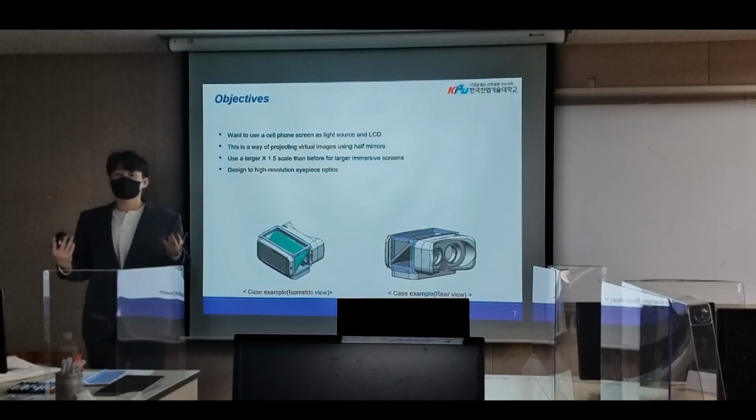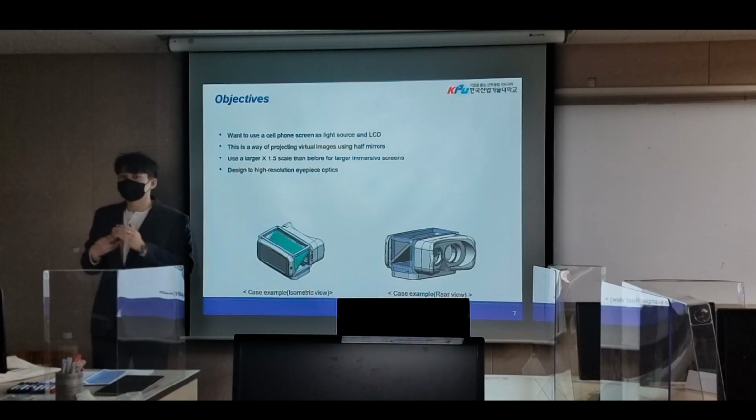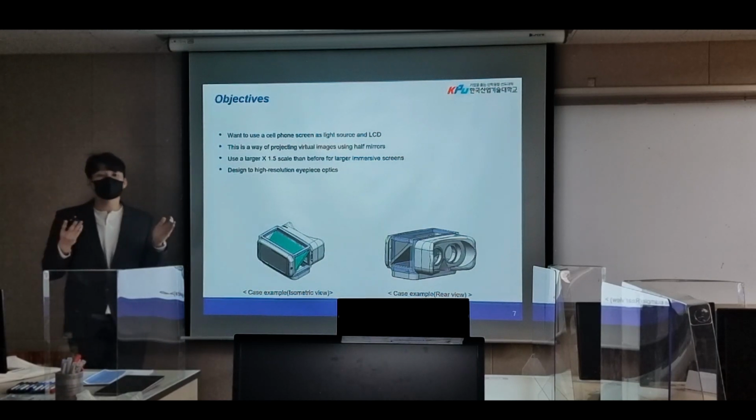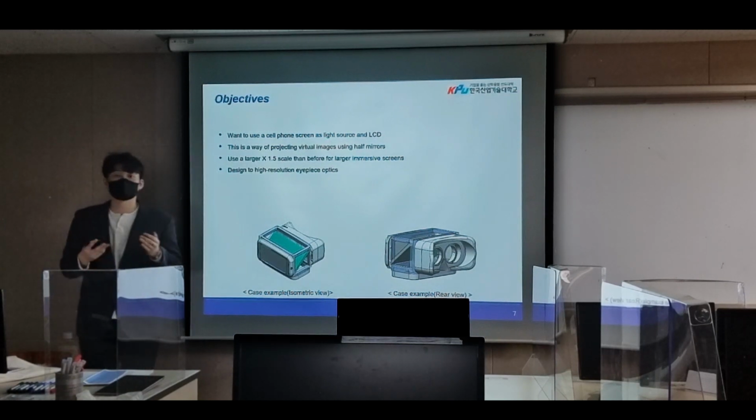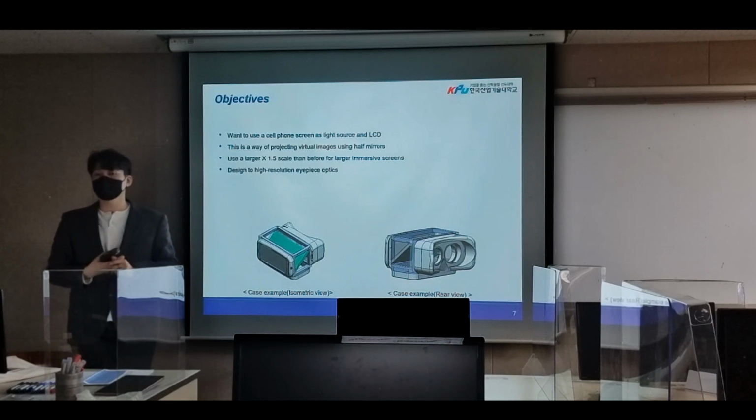We are using our cell phone as a light source and designing it. Using cell phone as a source of light will make it easier for a consumer to see what they want to see. Through our product, we can see the video of the cell phone as a virtual image on a screen rather than the actual cell phone screen.